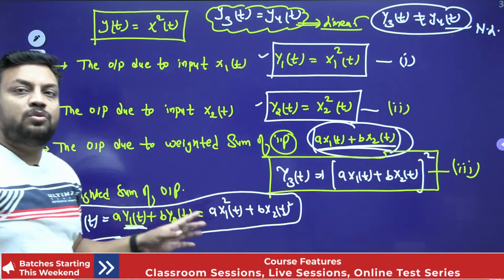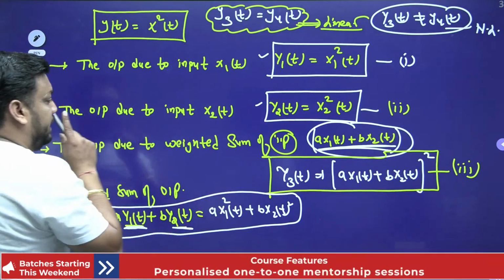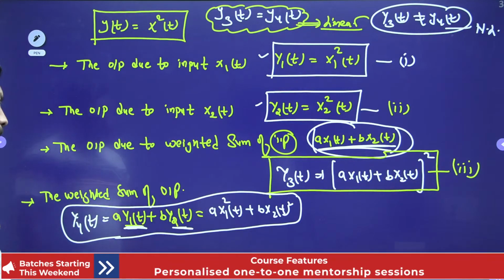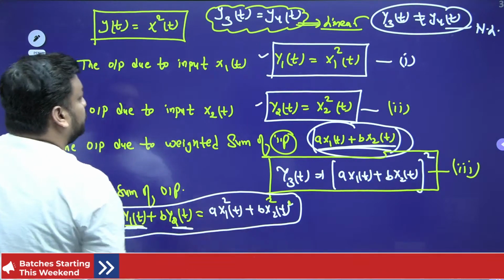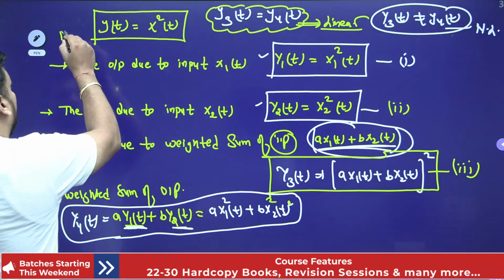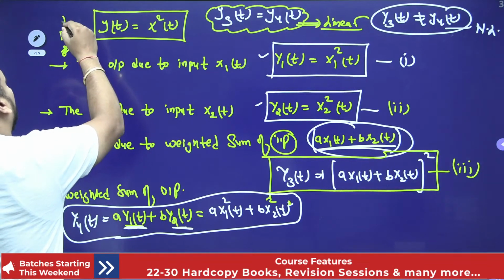So here in this question, is the system linear or non-linear? It is x2 whole square actually, so this question is non-linear.